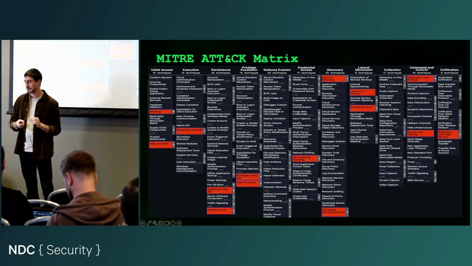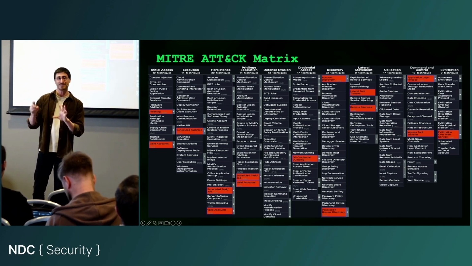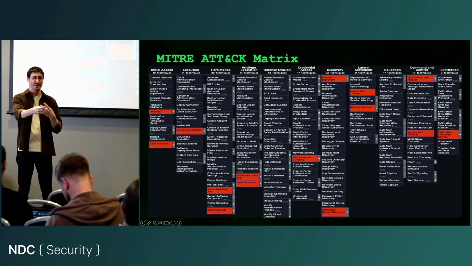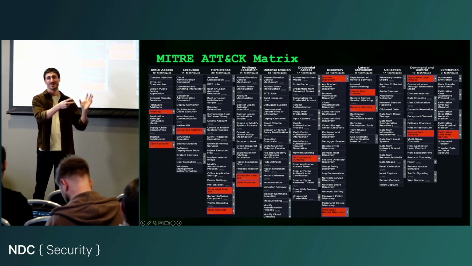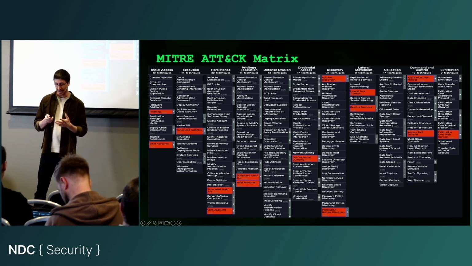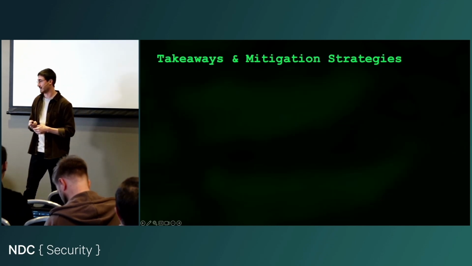So I painted in red here all the points where Ingrid has stepped, and typically you will see it for every attack that is a full attack. There will be some red squares spread across the MITRE ATT&CK matrix, and this is a good taxonomy to try and map the kill chain of an attack.